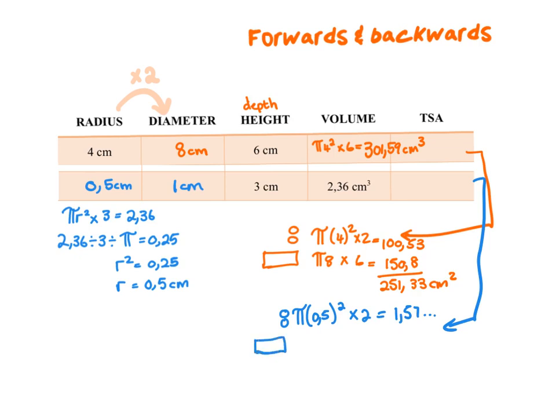So we're also going to work out the rectangle, which is pi times diameter times the height or the depth of 3. So that is going to give me pi times 3, or as a decimal, 9.425 if I round it off.